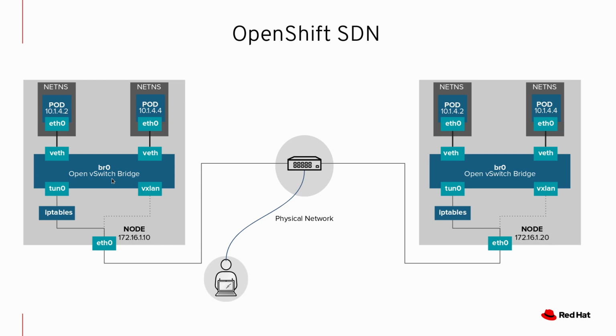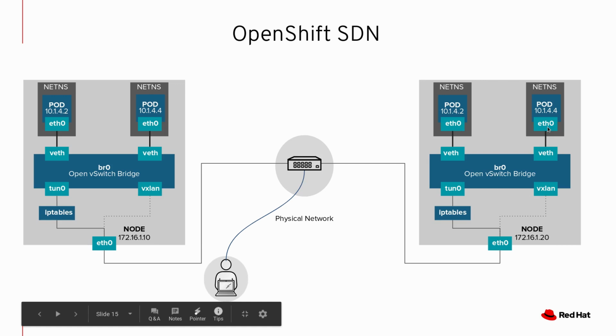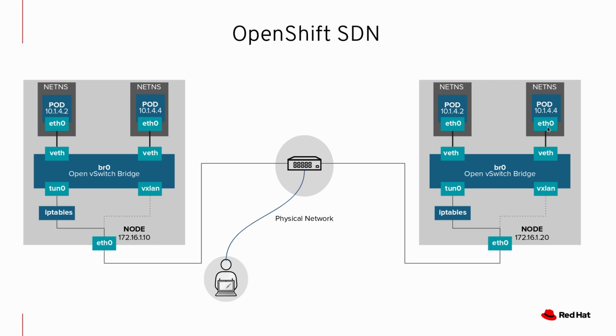And this bridge will manage the communication between the pods running either on the same machines or via the VXLAN encapsulation. It will also communicate pods running on the different nodes, and also using the tunnel, it will manage the traffic that will go from the pods to the outside of the OpenShift cluster.